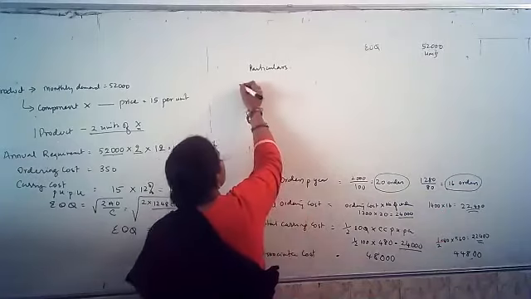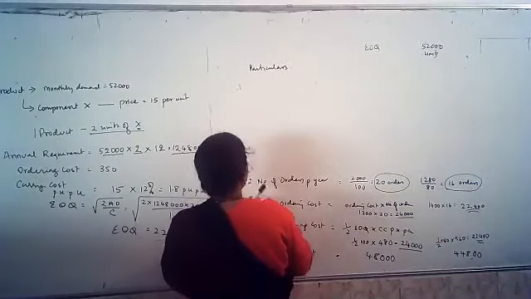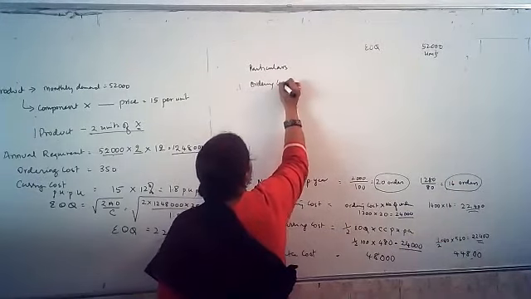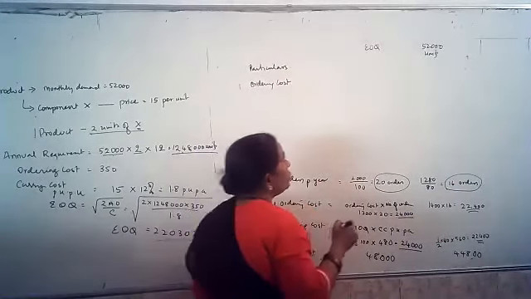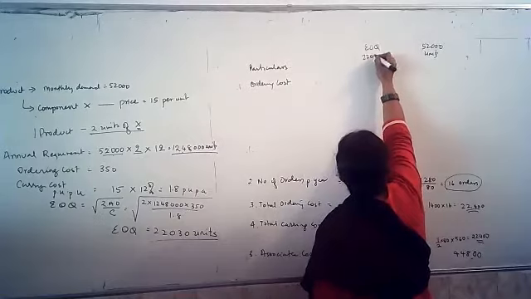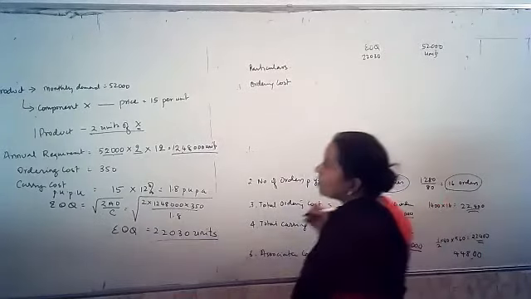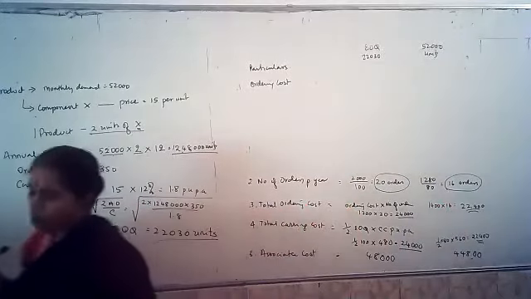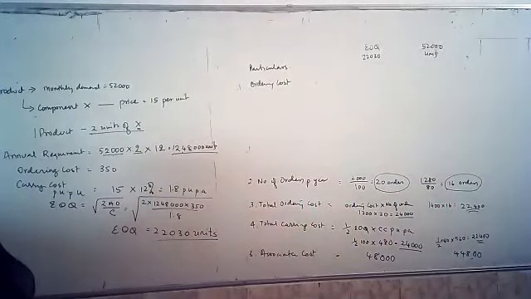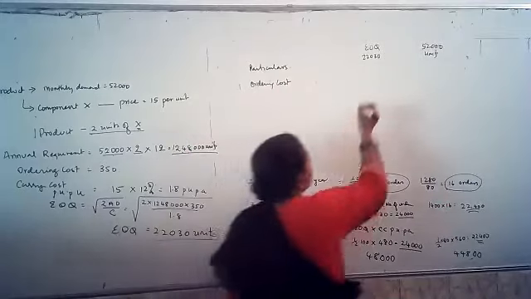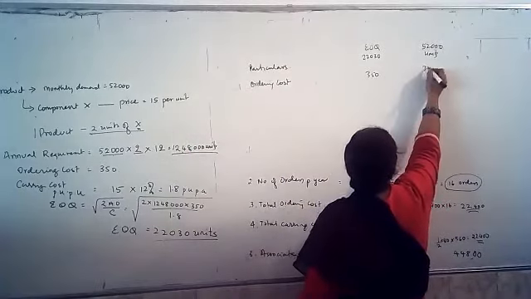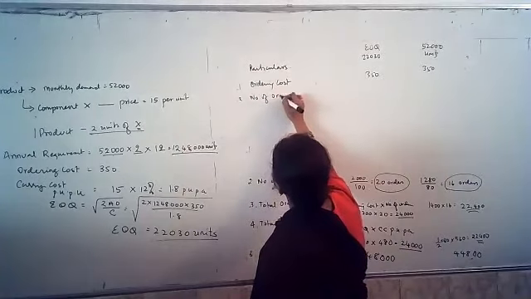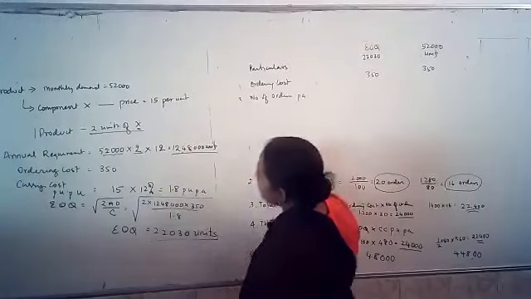First and foremost, how much is my ordering cost? Ordering cost for EOQ, where EOQ is 22,030 units. I already know the per order cost is 350. So write down 350 here and 350 here also. Next, the number of orders in a year.